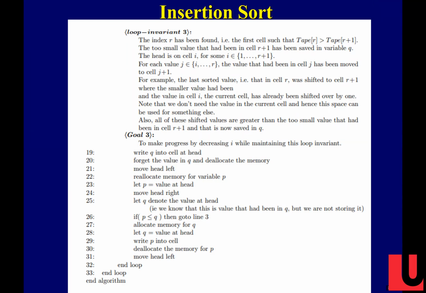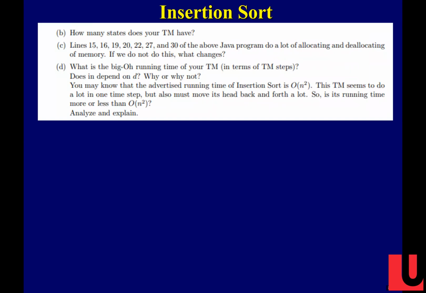Sir, for the number of states, since you didn't give us a specific output, you want the total possible states? We definitely want the total possible number of states, right?